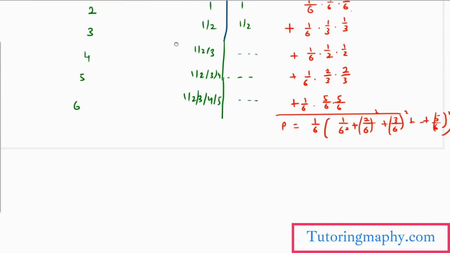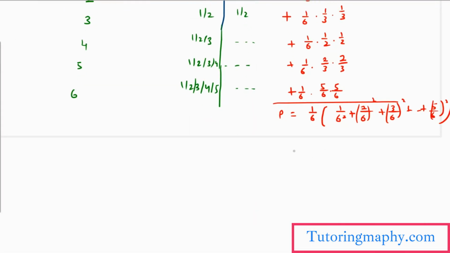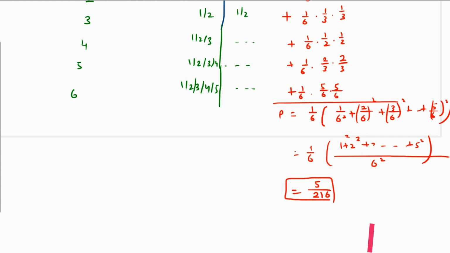Okay, so if we are interested in the fraction, then the denominator will be the common factor, which is 6 squared. This will be 1 squared plus 2 squared plus, continue till 5 squared. So let me grab my calculator and get this value. 1 squared plus 2 squared plus 3 squared plus 4 squared plus 5 squared is 55, and 55 over 6 times 6 times 6 is 216. So this is the required probability of part A.